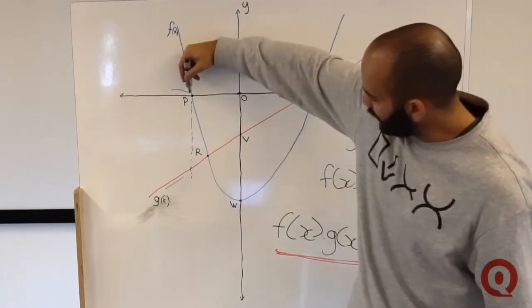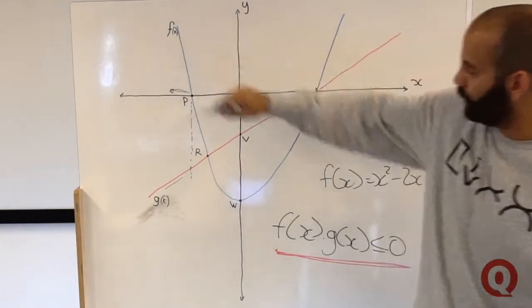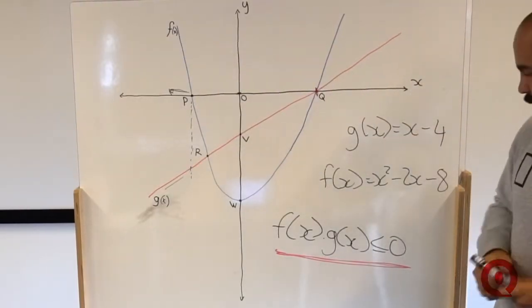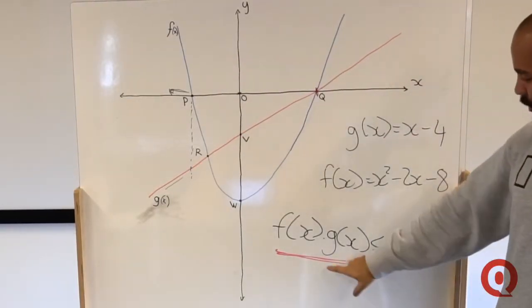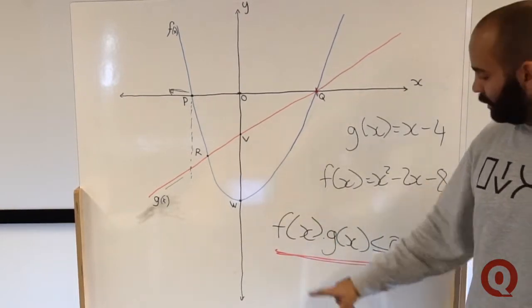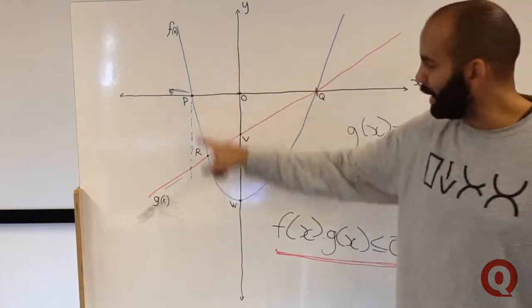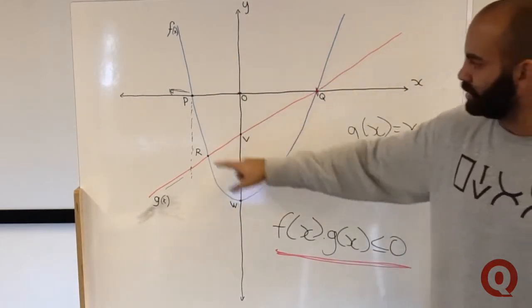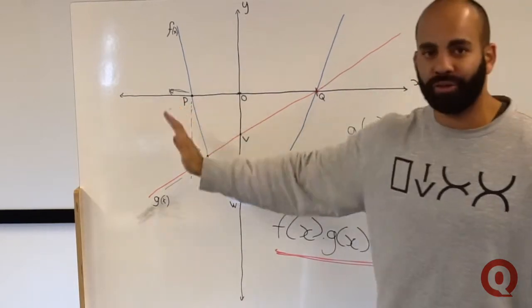So it would be anything that is to the left of point P and the point Q. And that is how you can intuitively solve this inequality, just by inspection of the graph and analyzing the product of these two functions as you move from right to left or from left to right.